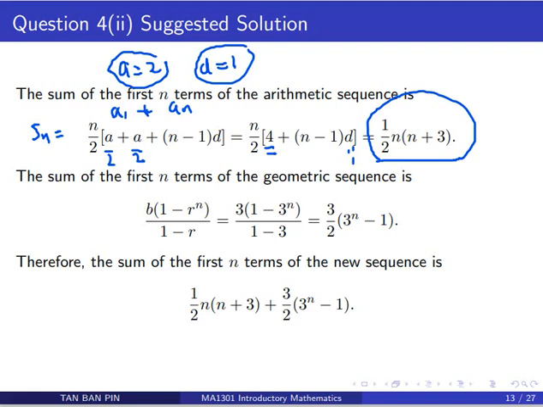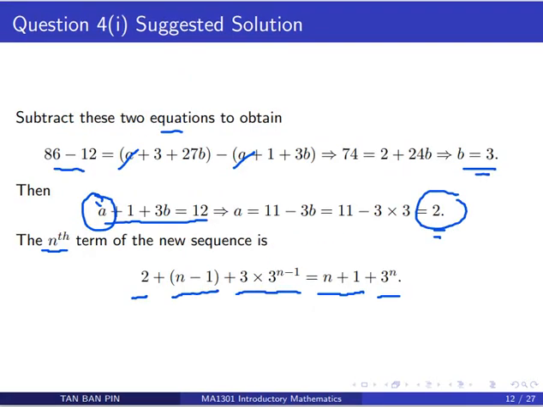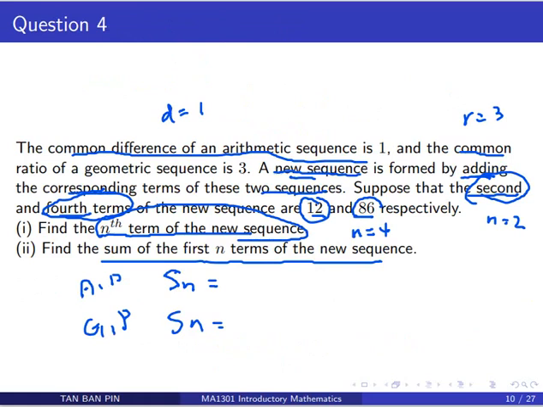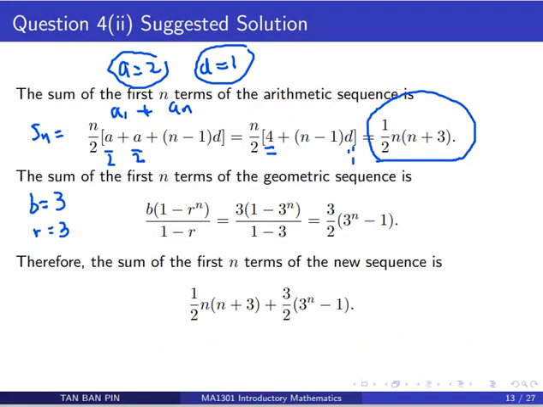Then for the GP, b we have found is 3. r is given to be 3. Remember, just now we found b is 3, and the question gives you r is 3. So you sub that into the formula for Sn of GP, which is b times 1 minus r to the power n over 1 minus r.